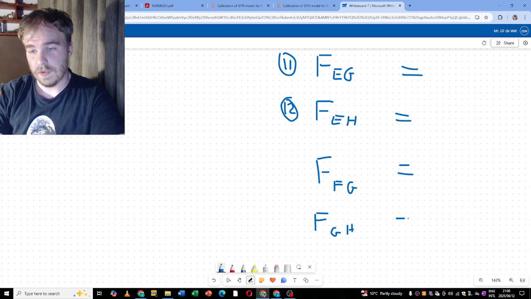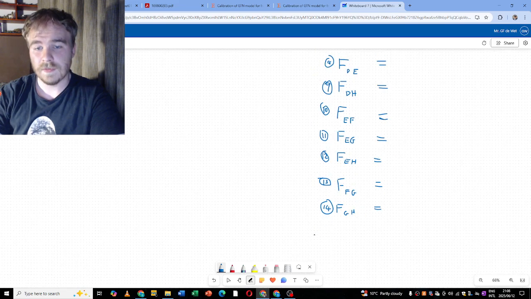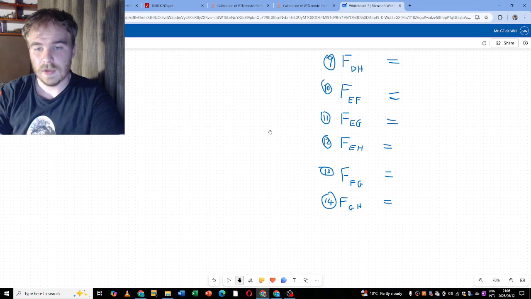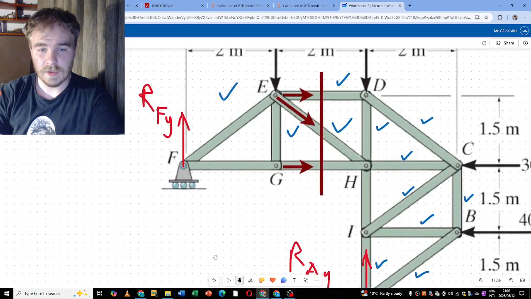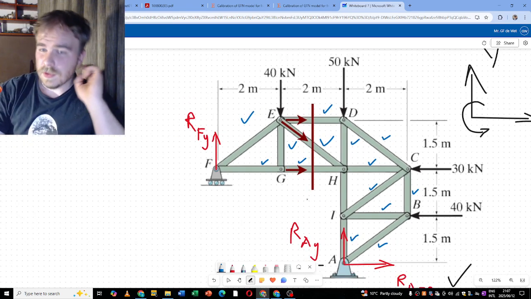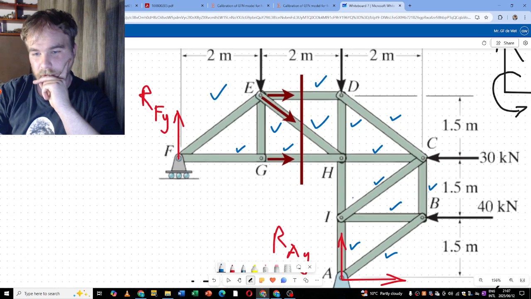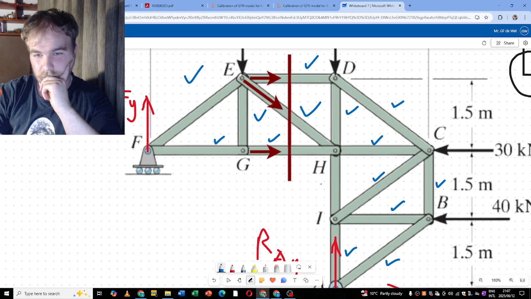Now we should have all the forces. We see there are 14 members that we want to calculate. Great. I'm going to quickly tick them off as well. Okay, I've written all of those down. Oh, we're missing another one. Keep on getting more. All right, this one, HI.